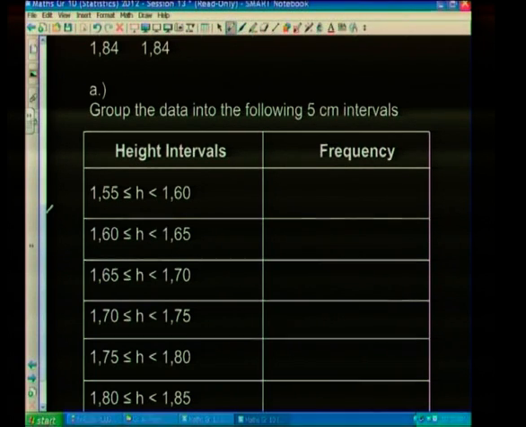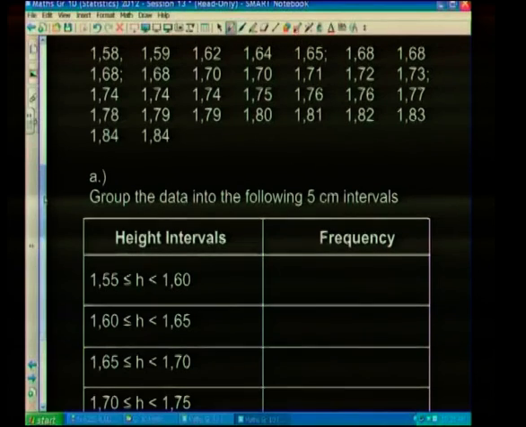Now, boys and girls, usually the groups that you have to use will be given to you. However, if you are asked to group the data yourself, it's very important that you remember that your class intervals, your groups, all have to be the same size. I can't have 150 to 160 as my first class and then 160 to 165 as my second class.